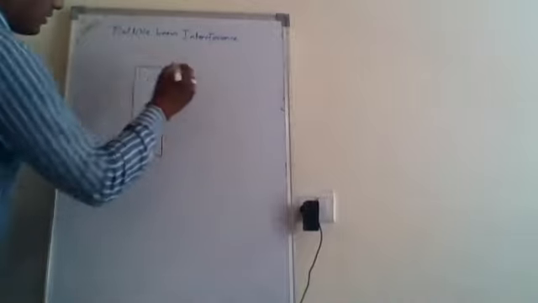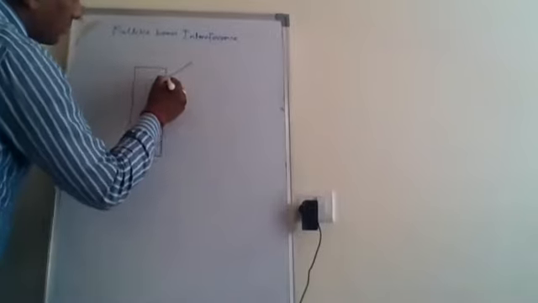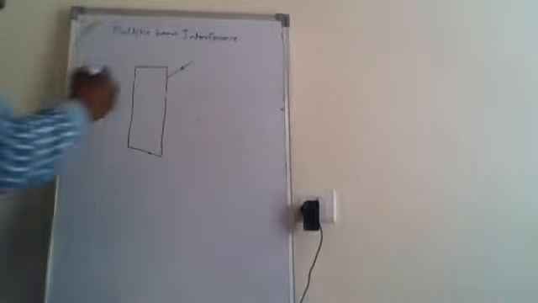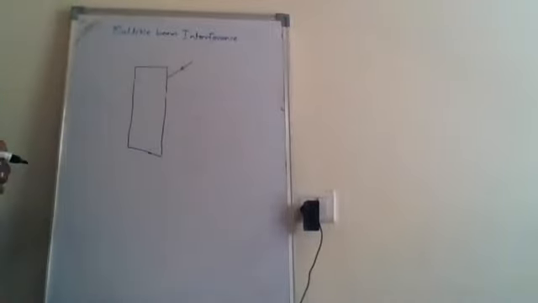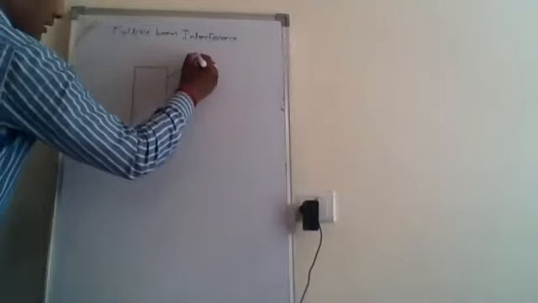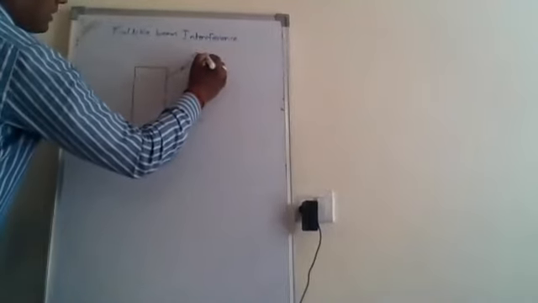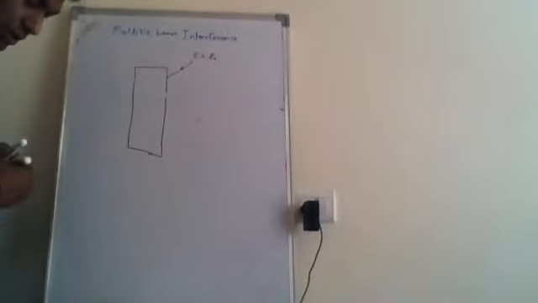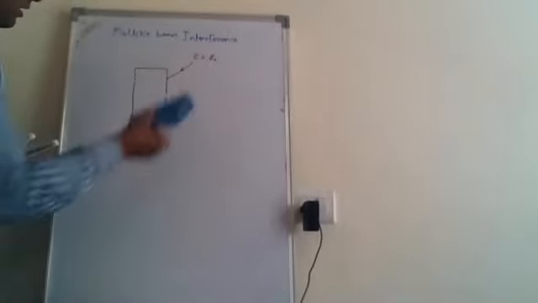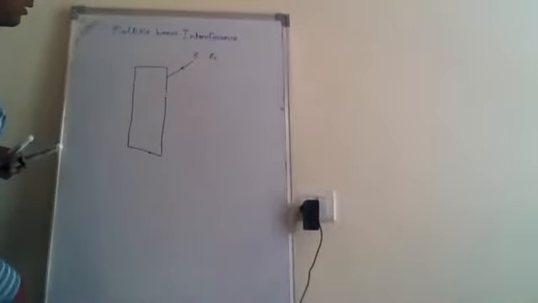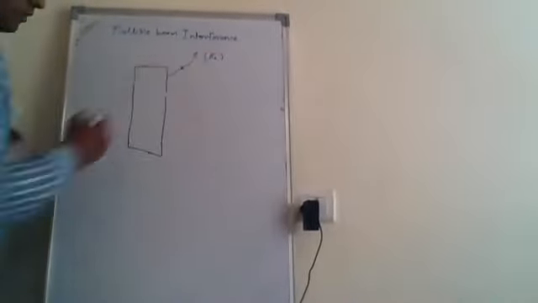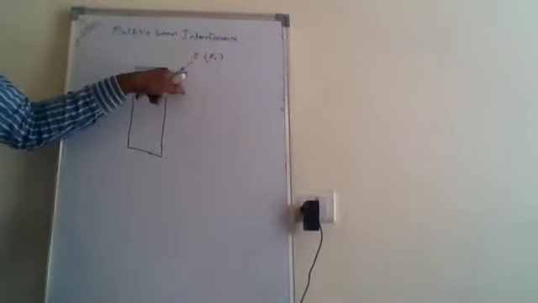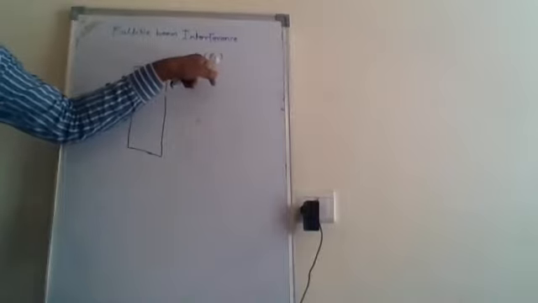Light is incident on this film. The complex field of this incident light is given by E, and the amplitude of this light is E naught.